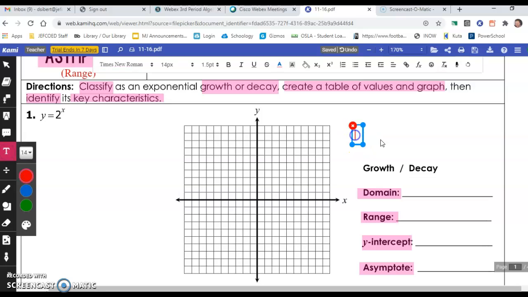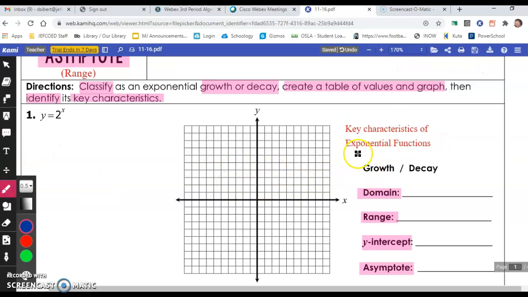Now, take out your text box. These are key characteristics of exponential functions. And then simply, all of these right here that we just highlighted, those are key characteristics of exponential functions.